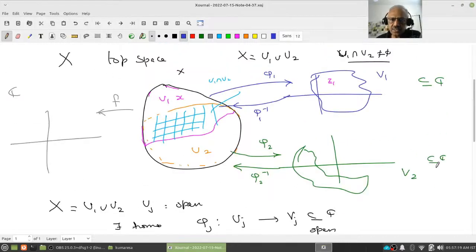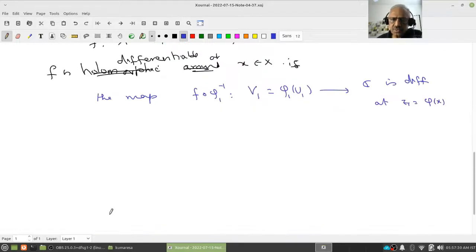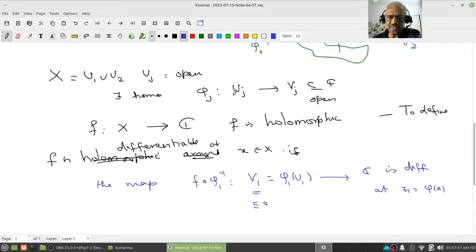Because I have a map from v1, that is phi 1 inverse, followed by f, which is a map into C. So this is a function from an open set V in C to C, therefore I can talk about its differentiability at a point, and z1 is a point which corresponds to x under the map phi 1.